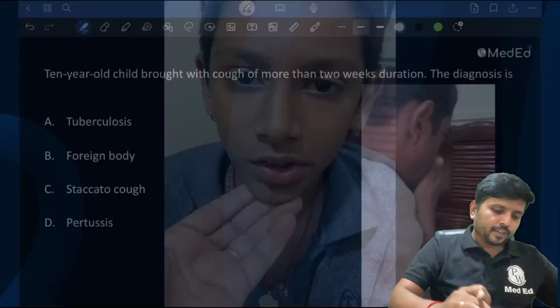Tears from eyes and redness of face. This is pertussis. Paroxysmal cough, post-tussive vomiting, inspiratory whoop, and redness of eyes and tears from eyes is called pertussis. It is caused by Bordetella pertussis, and drug of choice is macrolide.